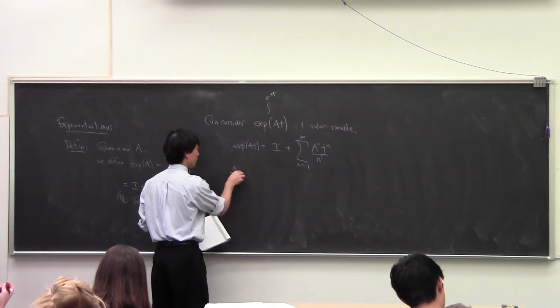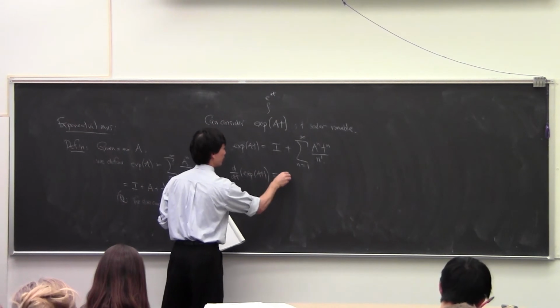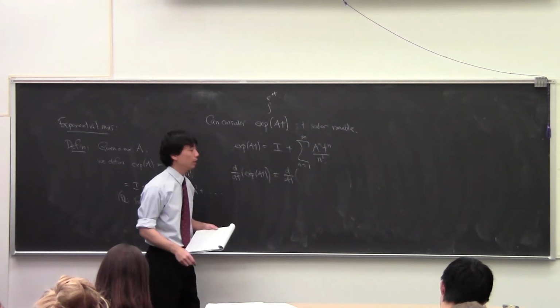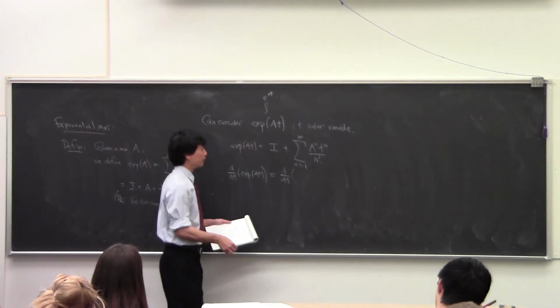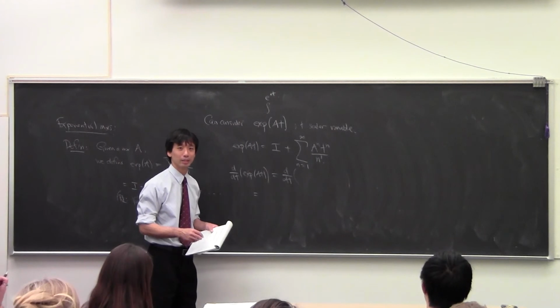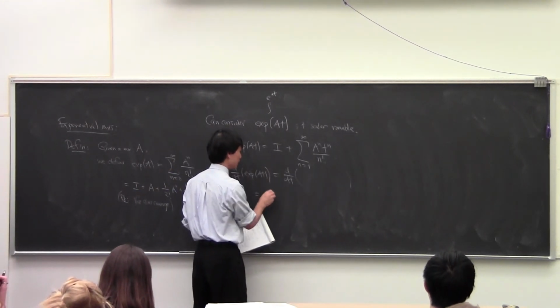Okay, and if we differentiate both sides, we get the derivative of the right hand side. Do you see what's going to happen? Well, the derivative of I is 0.